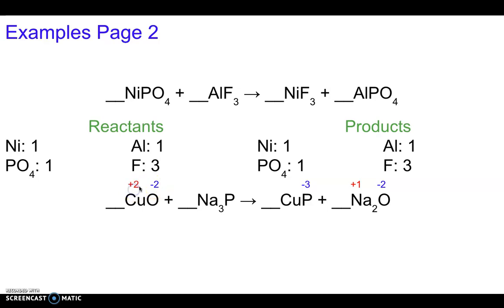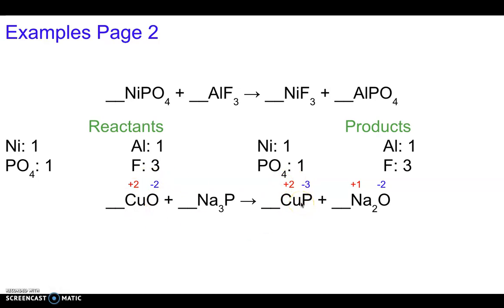So that means that copper must have had a +2 charge back when it was paired with oxygen at the beginning. So the formulas that I'm giving you at the beginning are already balanced, and so we can use them to determine the charge of these transition metals, and that will help us determine what charge they have on the reactant side. So this copper is also going to have a +2 charge because that copper had a +2 charge.